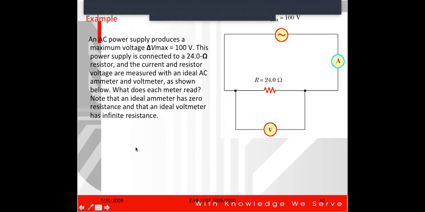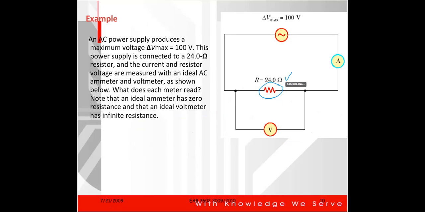Okay, let's do some exercise before kita end our class today. For example, contohnya kita ada satu circuit macam ni. Dia hanya ada resistor 24 ohm. Lepas tu you ada alternating voltage power supply 100 volts, the delta Vmax dia, the magnitude is 100 volt.